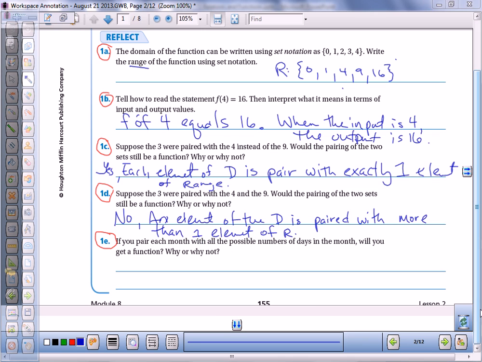You didn't have to say it like that. You could say one input is paired with two outputs, couldn't you? Yes. Alright, 1E.